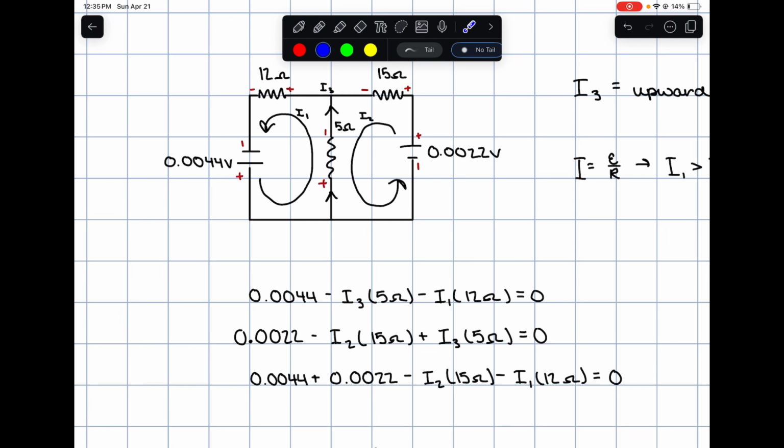Then across this resistor, we have I3 times the 5 ohm resistance, but this time subtraction because we're going from positive to negative. Similarly, we have I1 times the 12 ohm resistor, also subtraction, which equals 0.